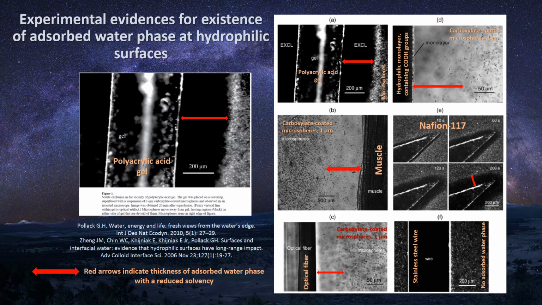In the last decade, obvious facts were obtained proving the formation of aqueous phases as a result of water adsorption by hydrophilic surfaces. These micrographs show fibers from hydrophilic materials which have formed an adsorption aqueous phase, whose thickness is indicated by red arrows. For visibility, colloidal particles were added into the systems.